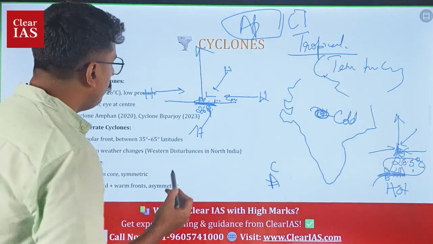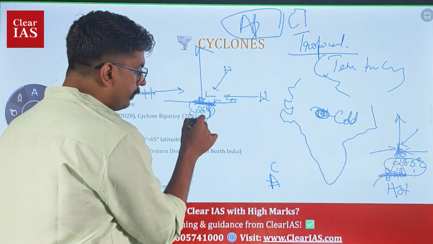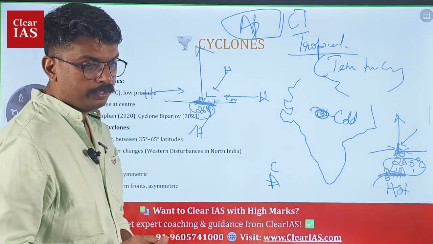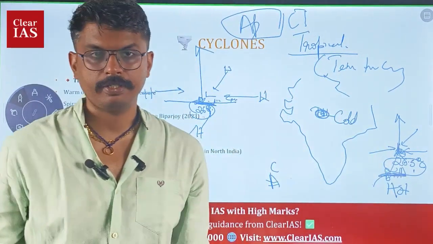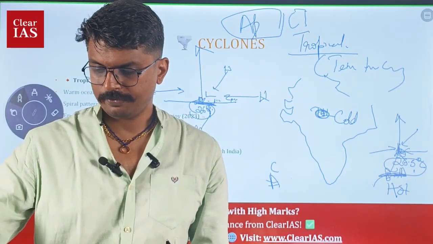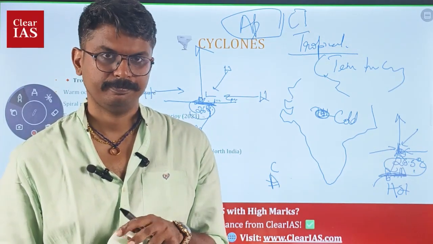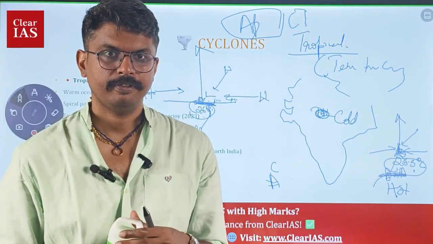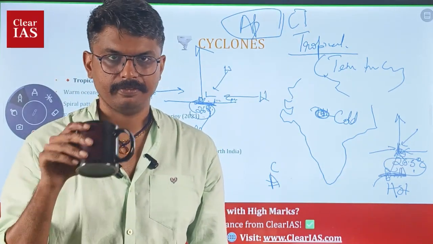Now, the minimum temperature required for the cyclone to form: if the temperature is 25 or so, there would be no cyclone formation. So the minimum temperature required in the sea for formation of cyclones is how much? 26.5 degrees Celsius. In some books it's written 27.